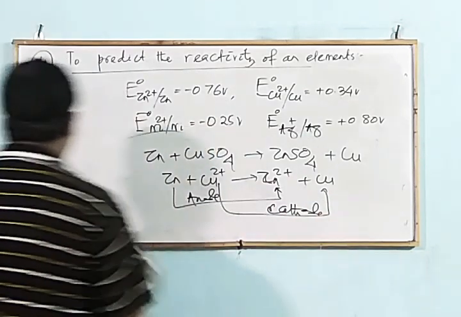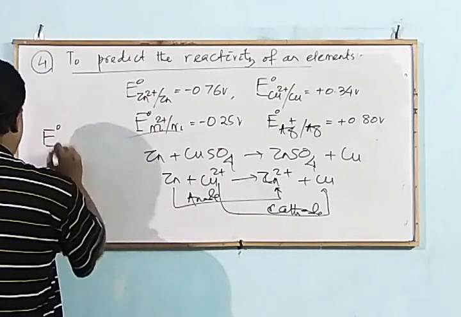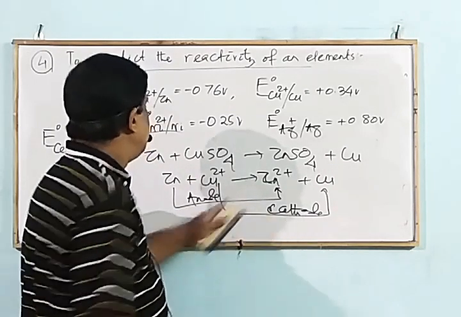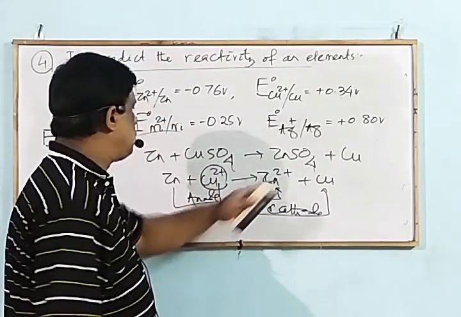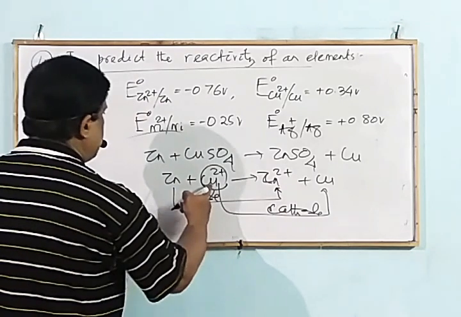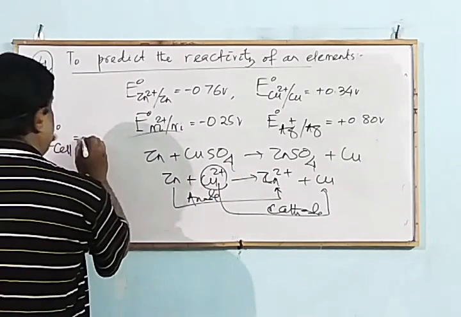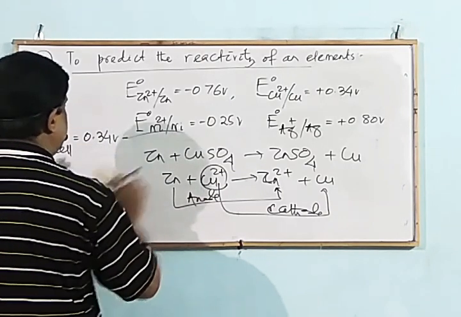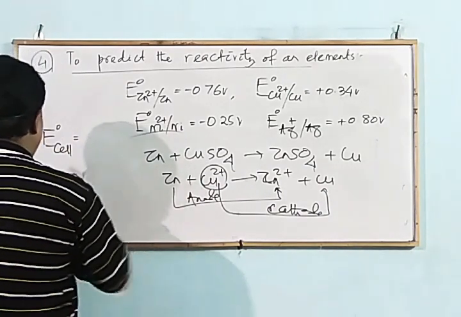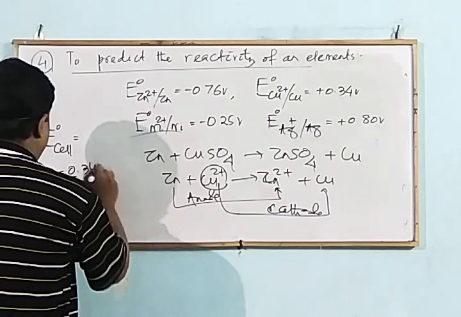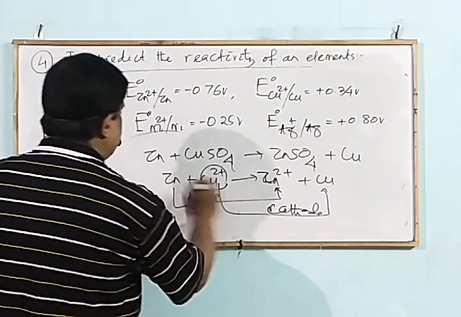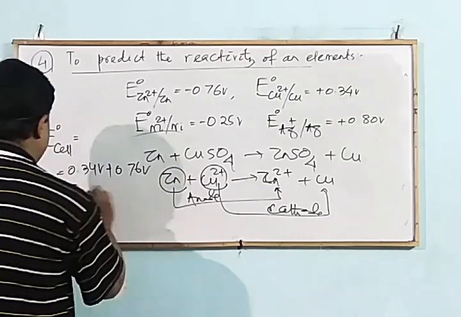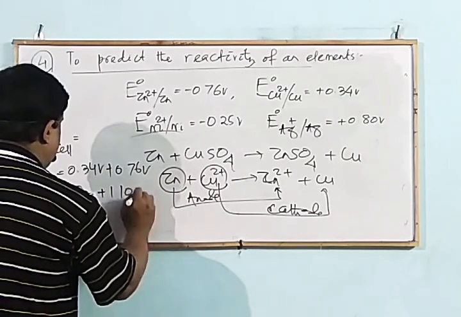So if we calculate the E cell, it is the reduction potential of cathode minus the reduction potential of anode. The reduction potential of cathode, that is copper, is 0.34 volt minus the reduction potential of zinc, minus minus 0.76 volt, that is plus 1.10 volt.